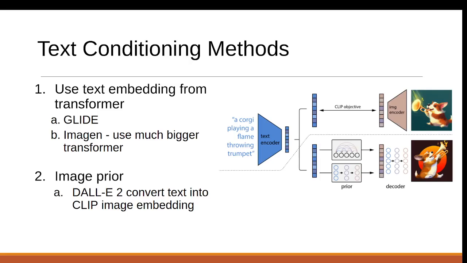So one natural choice is to feed the text into a transformer that is already pre-trained, and then get the embedding from this transformer. The transformer creates some output embedding, and we put that into our UNet. This is the method used by GLIDE.